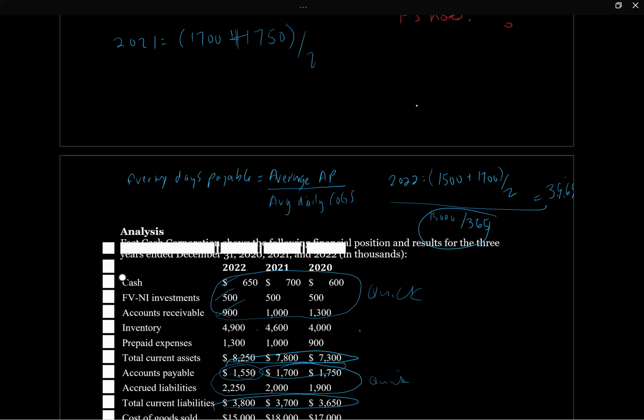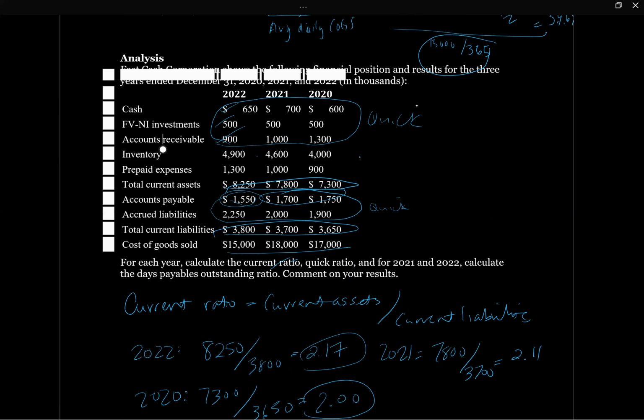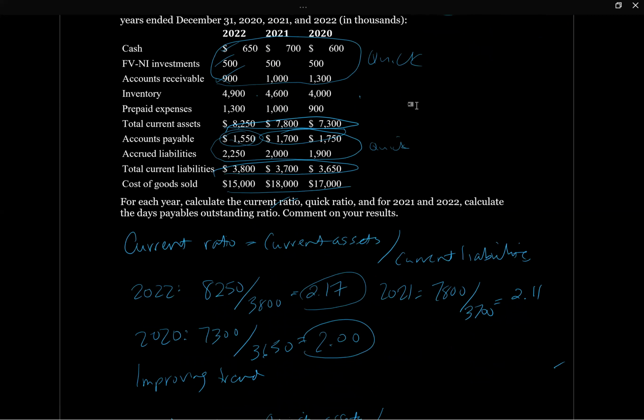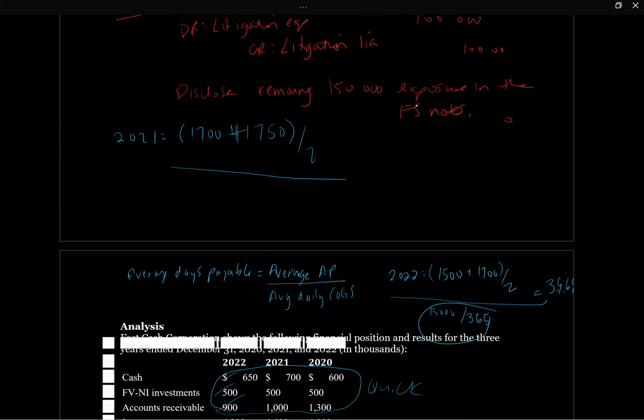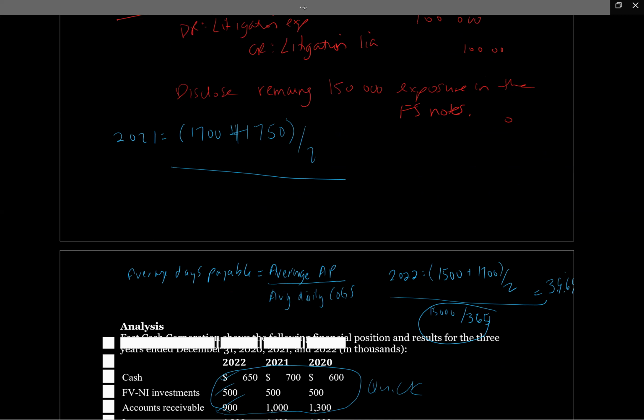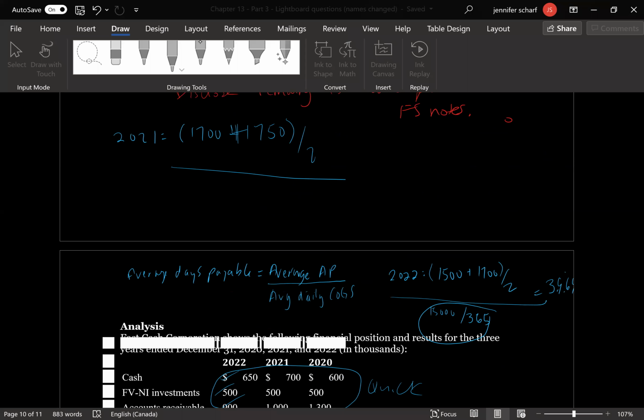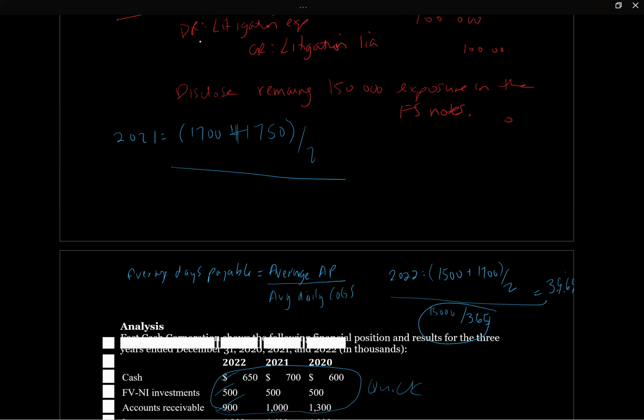And then over that, we're going to divide the cost of goods sold, which in 2021 is 18,000 divided by 365. Not too sure what's going on here. Anyways, 18,000 divided by 365.